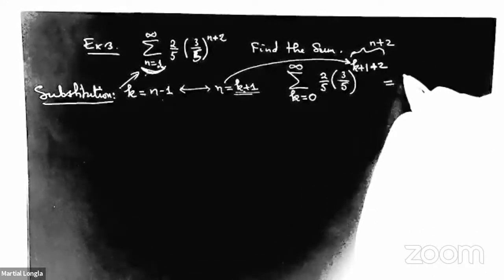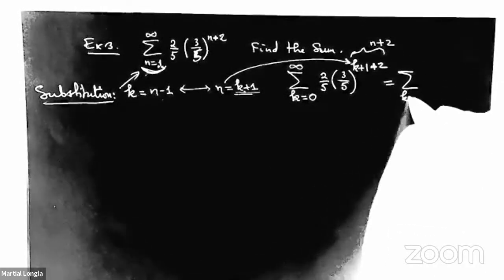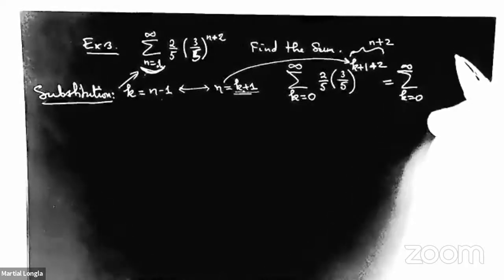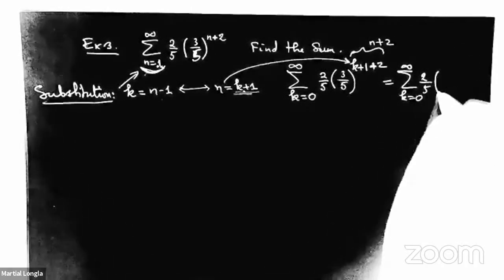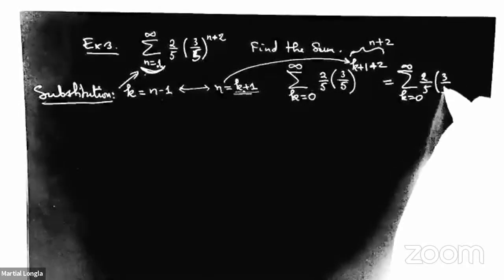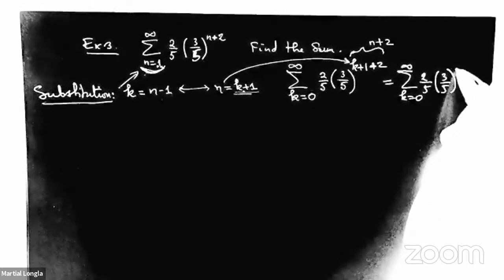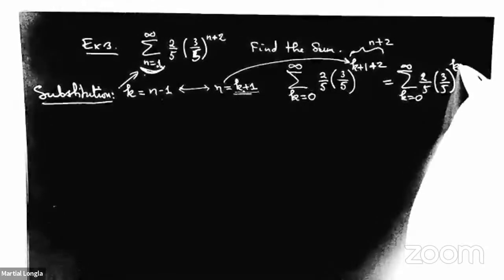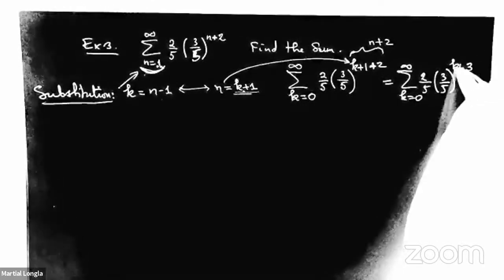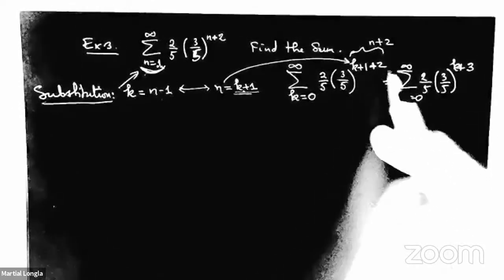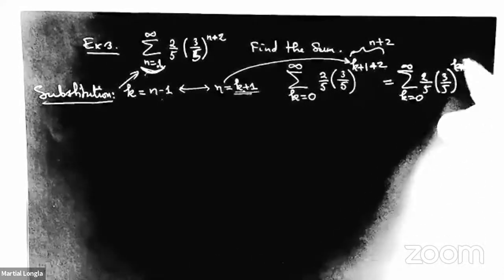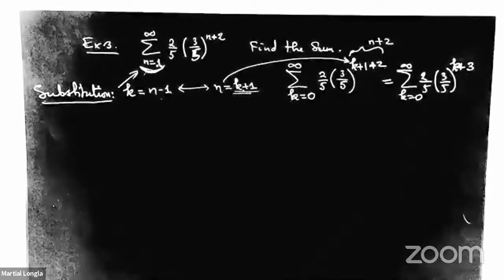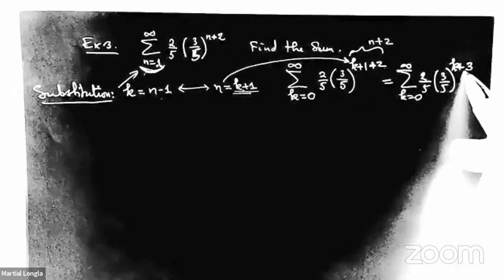And that is equal to sum k from 0 to infinity of 2/5 times 3/5 to the power k plus 3, because 1 plus 2 is 3. So now you have the whole thing in terms of k, and then you have this plus 3 here.